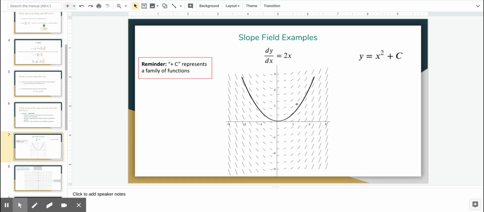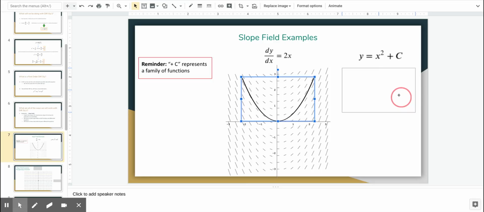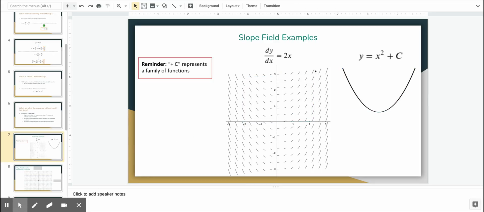And so one of the things that you might be tasked to do is sketch a solution using a slope field. So if I were to just give you this slope field and nothing else, and say sketch a solution that goes through the point (0, 0). Well, a solution that goes through the point (0, 0) would just be x squared itself, right?